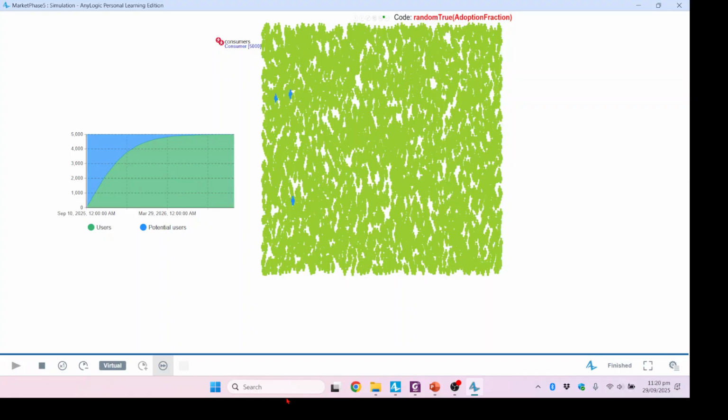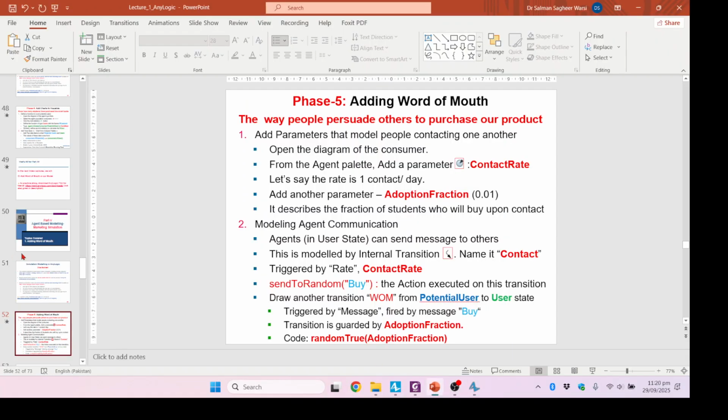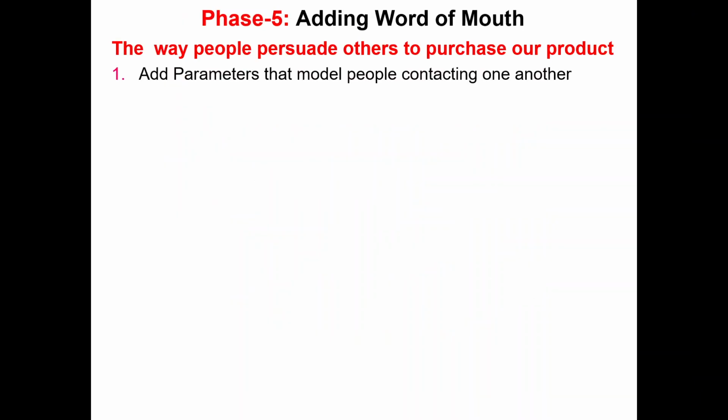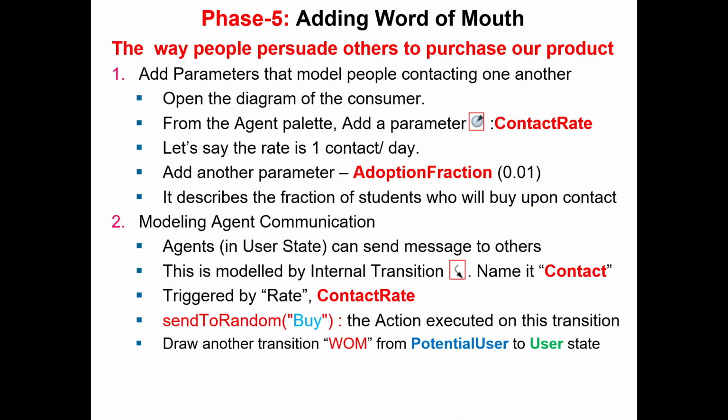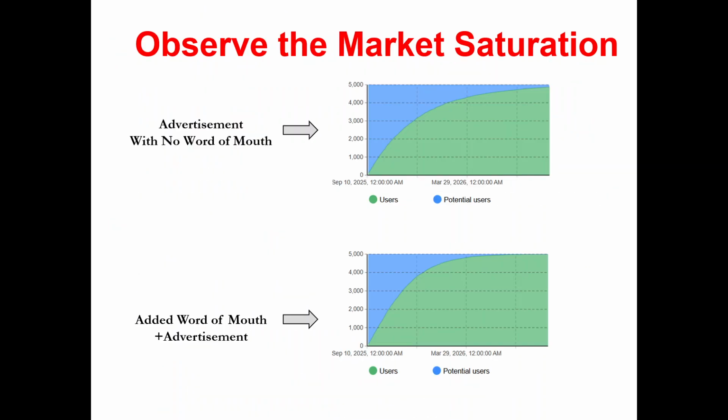Okay, it's done now. So just to give you an idea of the effect of word of mouth, we have already seen these steps. Now you can see what happens when there was advertisement but no word of mouth, and now we have added word of mouth plus the advertisement.